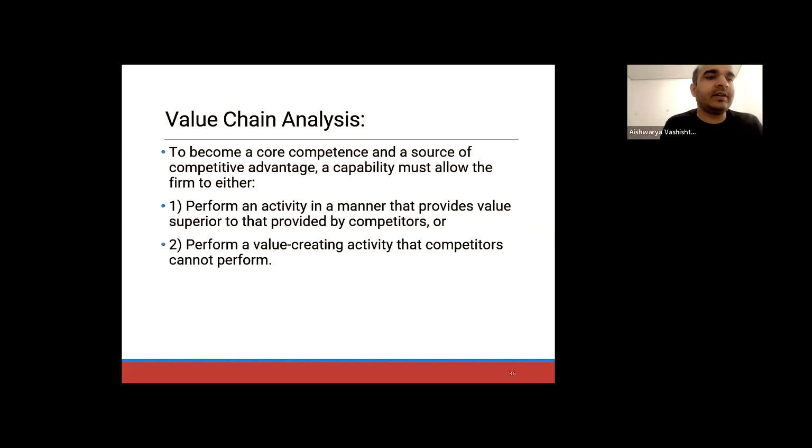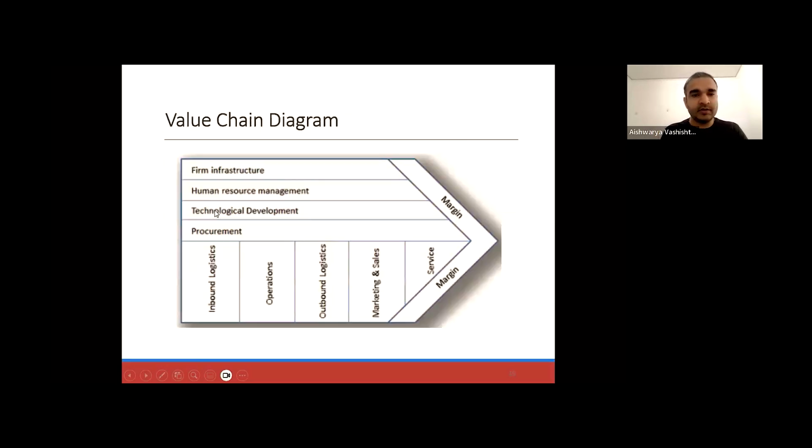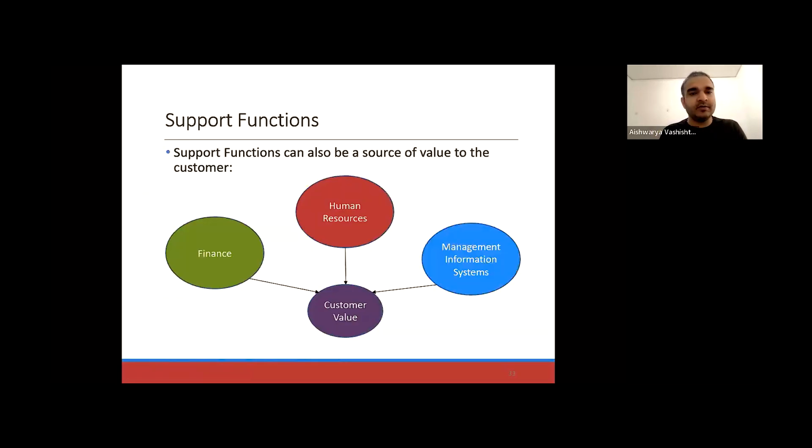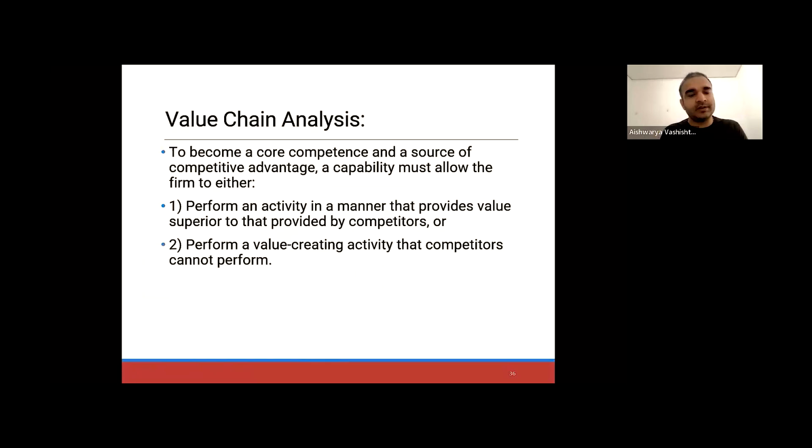So what is the function? What is the objective of our value chain? Either differentiation, that is, perform a value-creating activity that competitors cannot perform, or cost leadership, that is, perform the same activity that your rivals are performing, but at a lower cost, so that your customers can get higher value than your rivals.